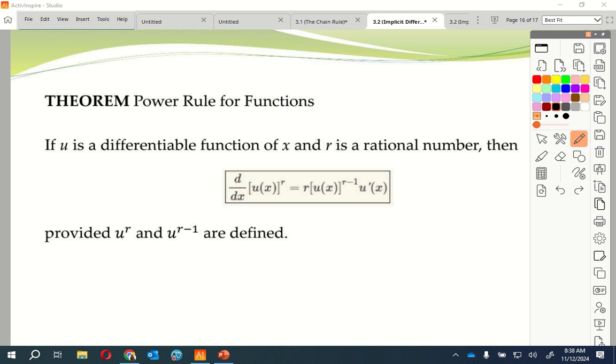Power rule functions: if u is a differentiable function of x, and r is a rational number, then the same thing happens. So this is basically the chain rule over again.